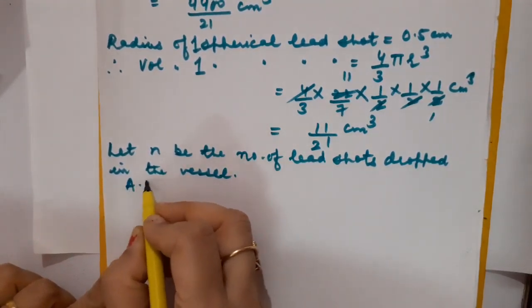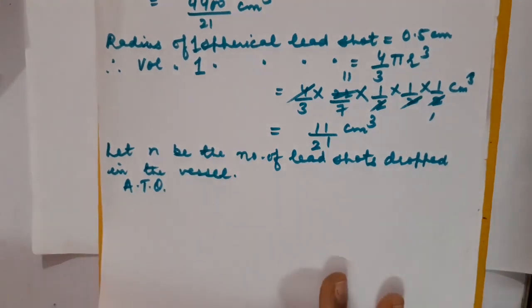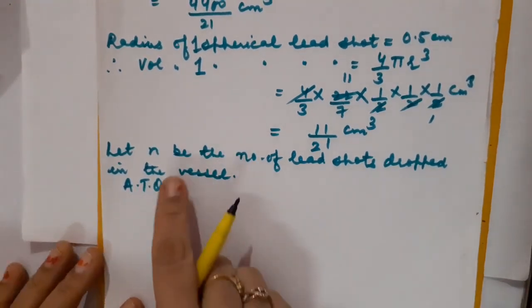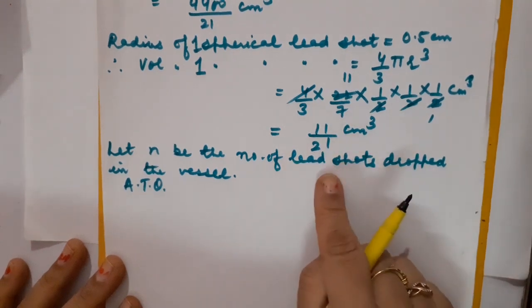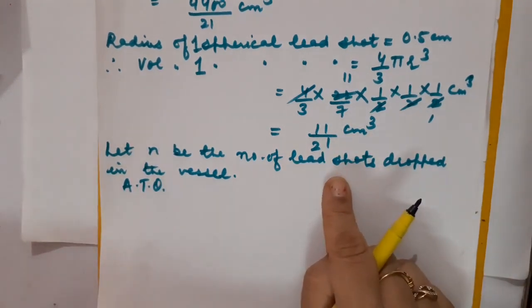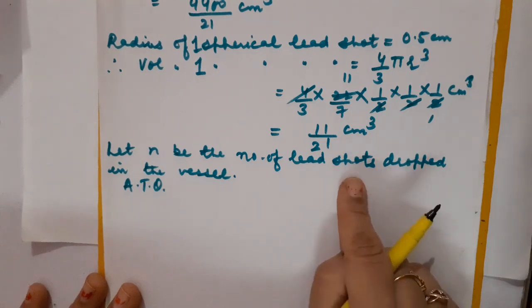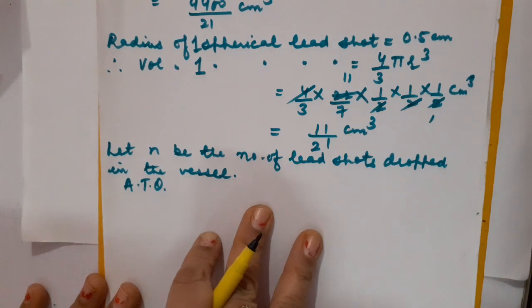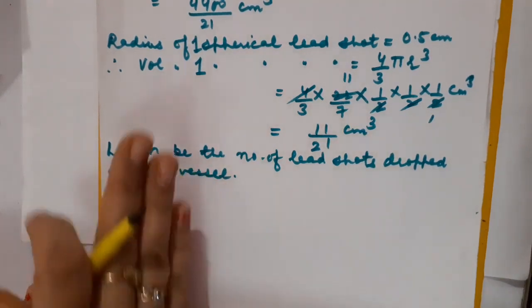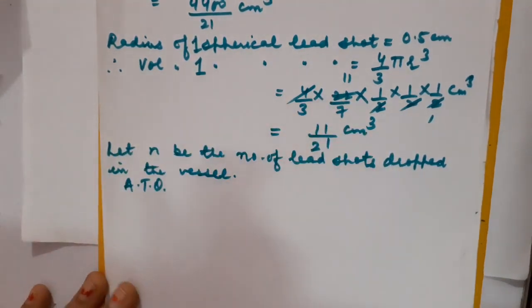Then children, according to the question, as we are going to calculate the number of lead shots, the volume of the lead shots must be equal to 1/4 of the volume of the water filled in the vessel.